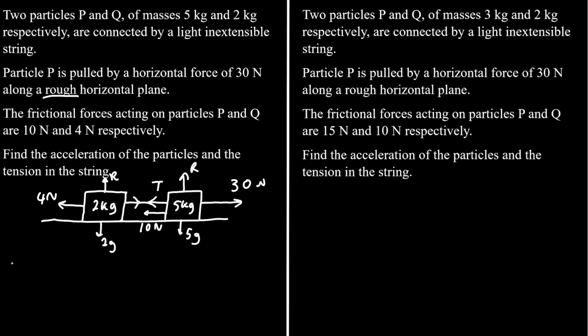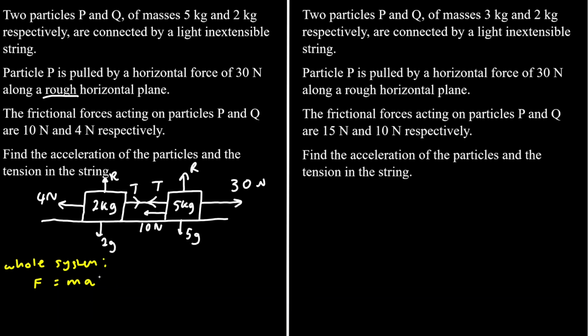So if we look at the whole system, we are going to eliminate the tension because there's a forwards force and a backwards force, and they cancel out. So for the whole system, F equals ma.